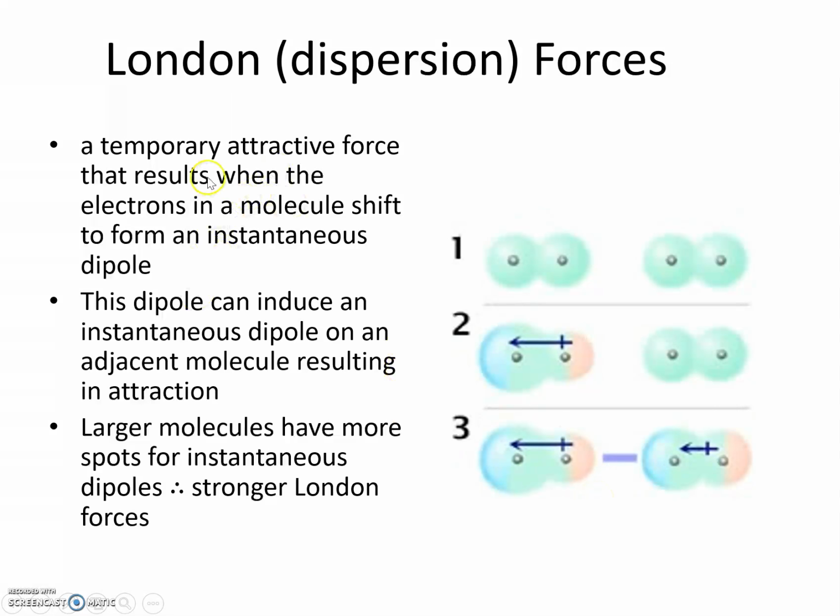Now, if we think of the details of this, larger molecules are going to have way more electrons that can shift around in that cloud, which means that there are way more places on the molecule for instantaneous dipoles to happen. So when we look at London forces, one of the biggest factors that contributes to their strength is how many electrons are in the molecule.